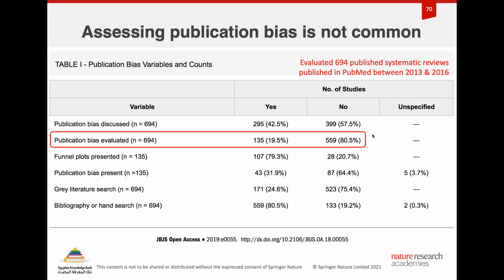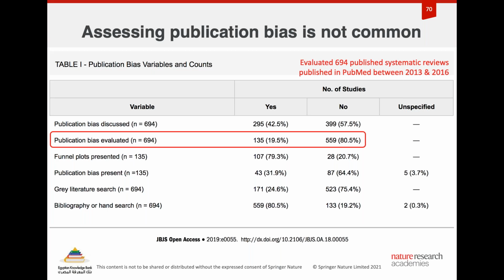What I have highlighted in the red box shows that 80% of those studies did not evaluate publication bias, and therefore could really impact the reliability or the relevance of the results of those studies.